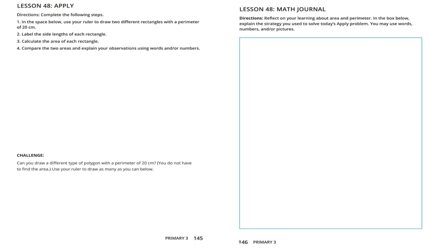Here is the apply part of lesson 48. In the space below, use your ruler to draw two different rectangles with a perimeter of 20 centimeters. We know that the perimeter of any rectangle equals length plus width plus length plus width.